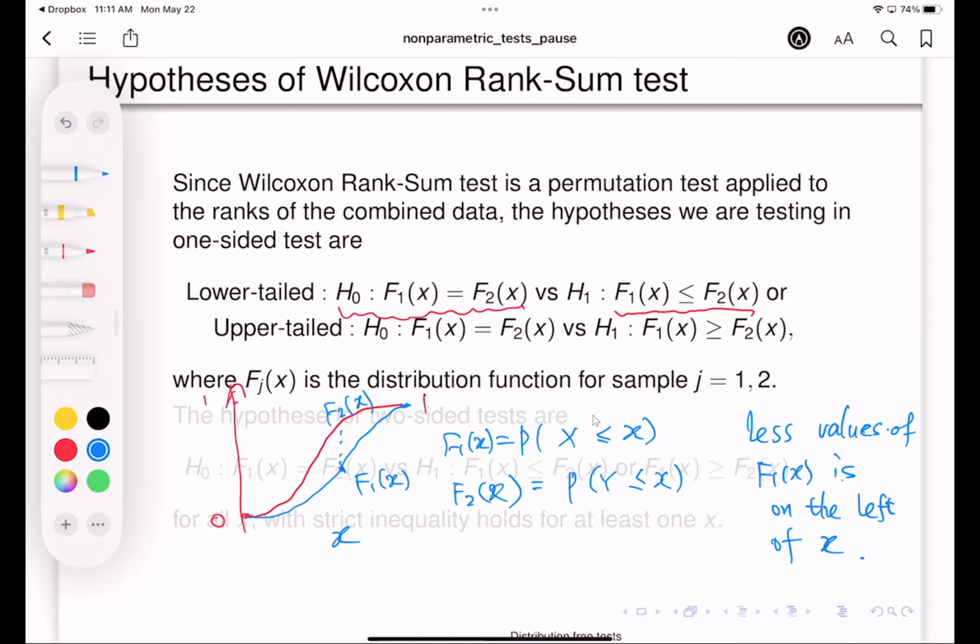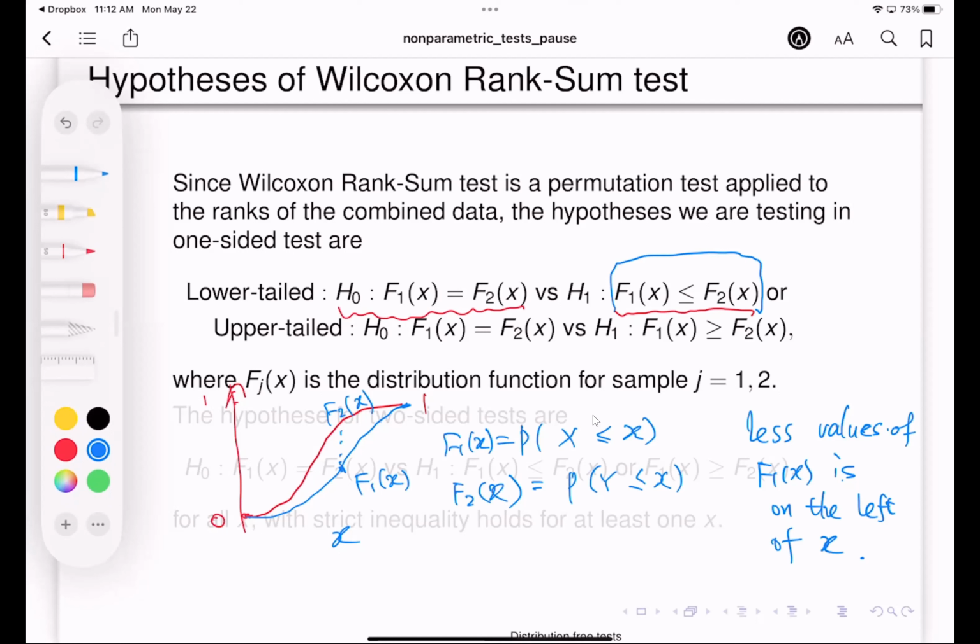So in the distributional sense, this kind of hypothesis written in terms of the CDF, F1(x) less than or equal to F2(x), means there are less of the observations in F1 that are smaller. Okay. So that's the lower tailed hypothesis.